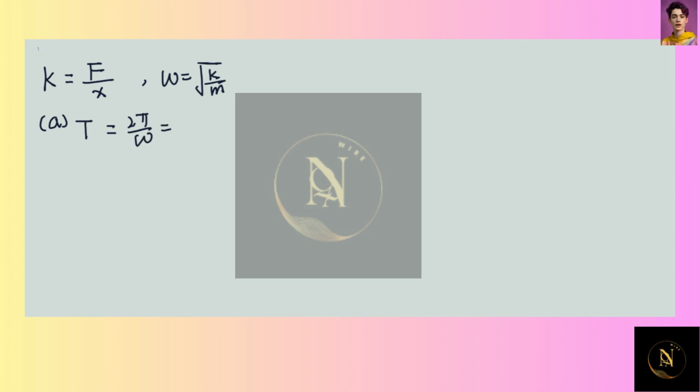So it's going to be 2 pi over square root of k over m, right? From this equation, we can express the mass as the period over 2 pi, squared, times k.